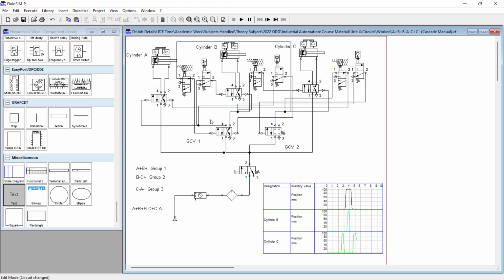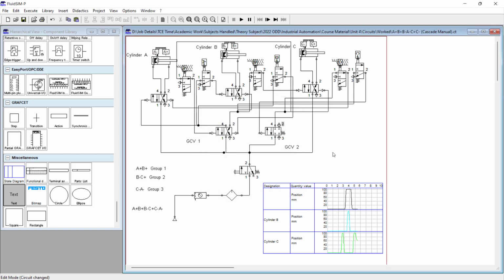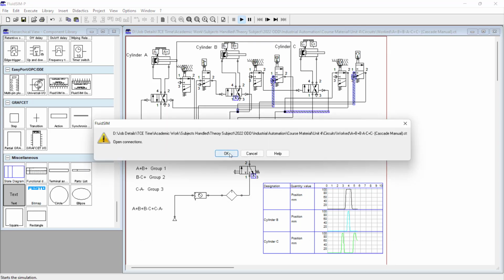Okay, so now we have completed the given sequence. This will be set as vent, external vent. So now we try out the simulation.